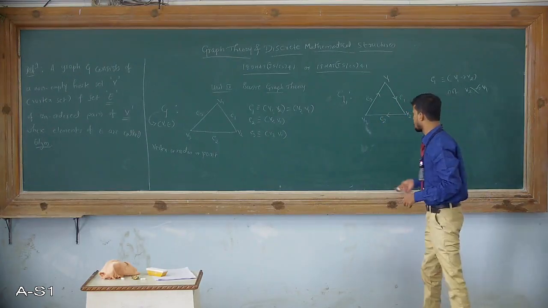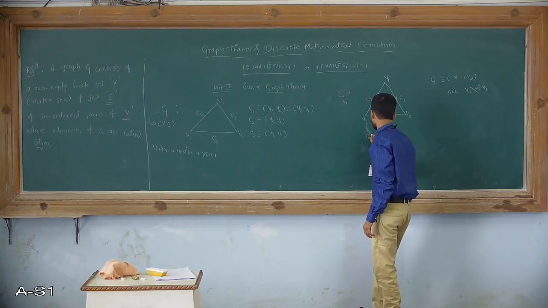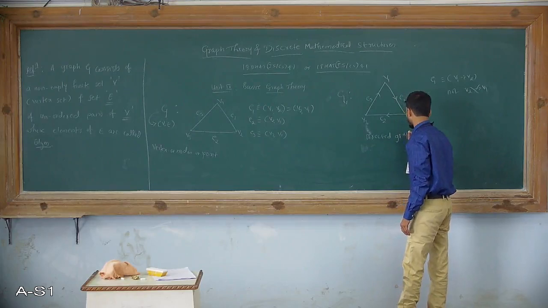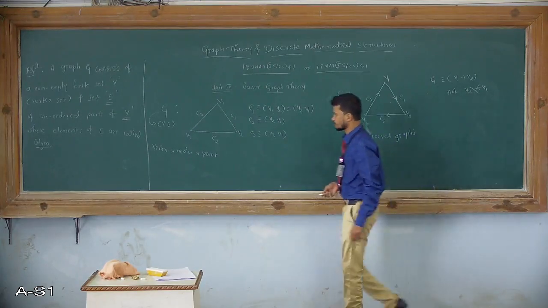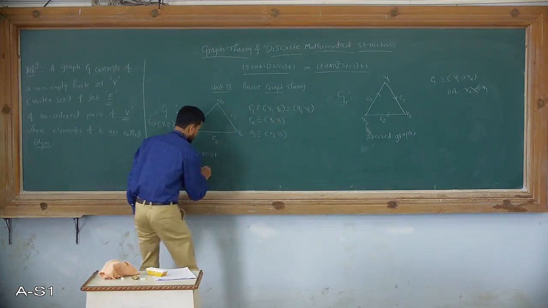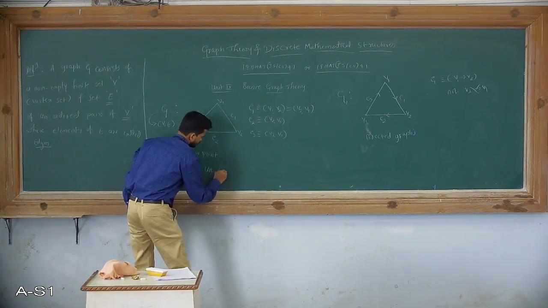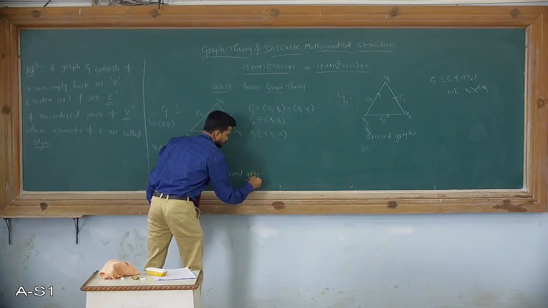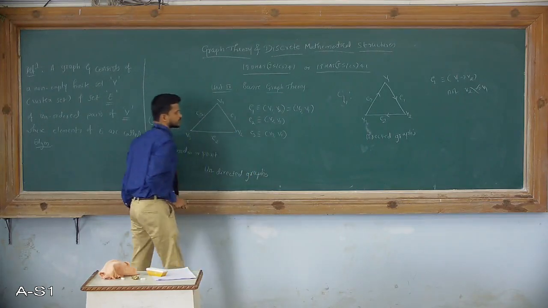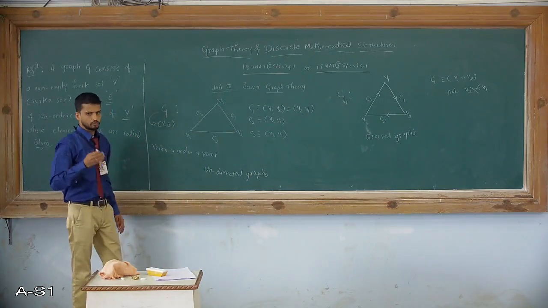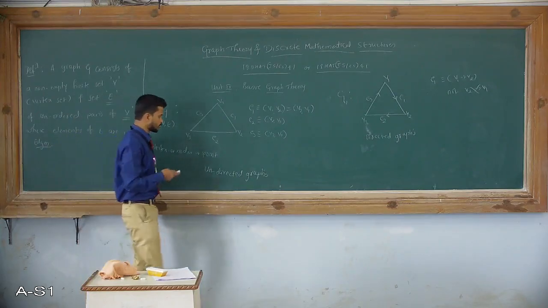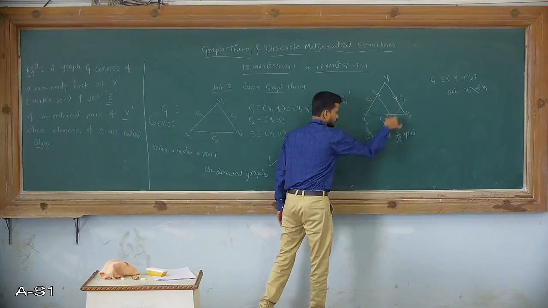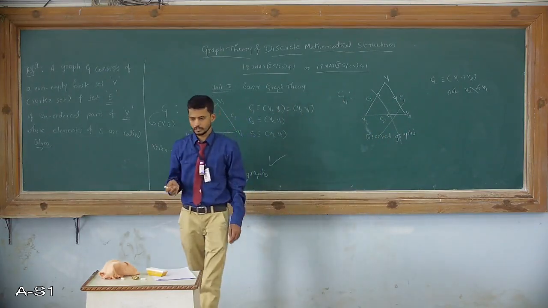These types of graphs are called directed graphs. These types of graphs are called undirected graphs. For your syllabus, we have only undirected graphs, so we will not consider directed graphs.